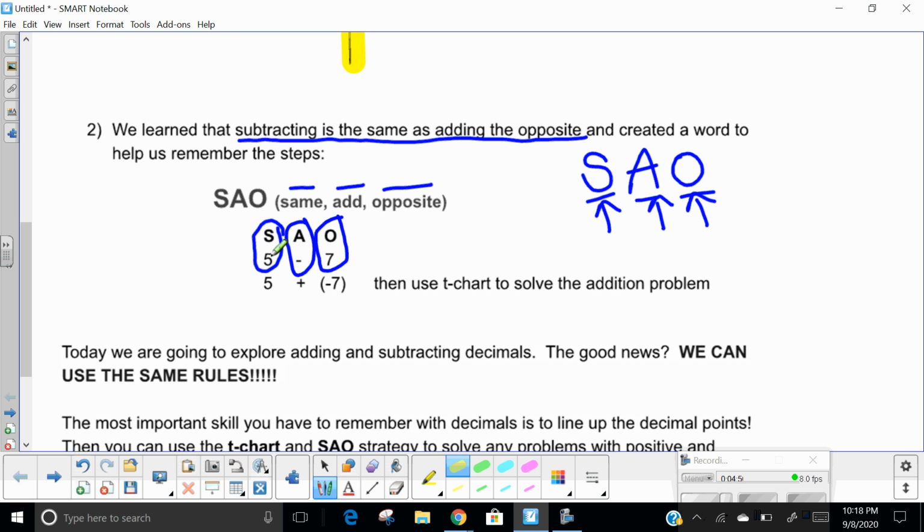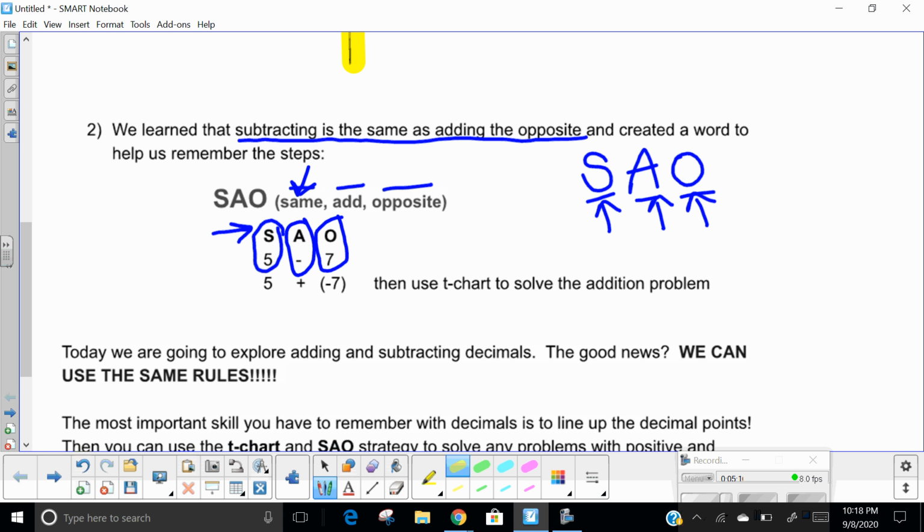And inside these little bubbles right here, the letters tell me the step and what I have to do to the number or the math sign inside the bubble. So for this one, we know that S stands for same. So we're going to leave that number the same. So 5 stays as 5.